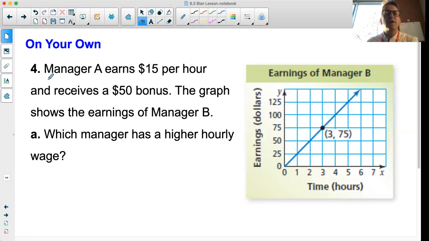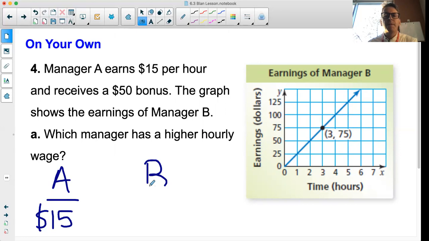Let's take a look. We're already told that A has $15 an hour. Let's take a look at B. The rate in this case will be up 25 over 1. So it appears that manager B has a rate of $25 an hour.